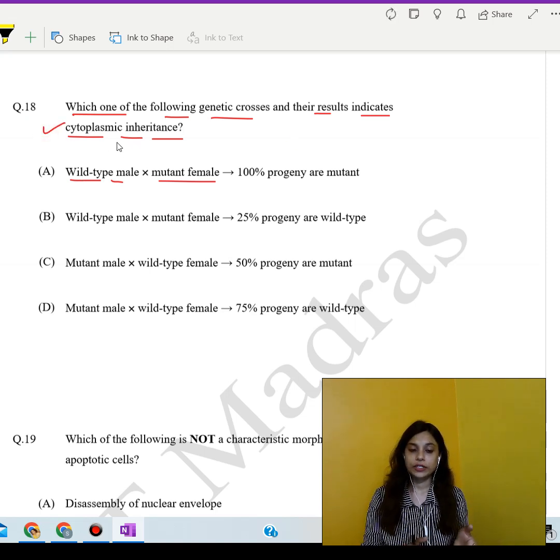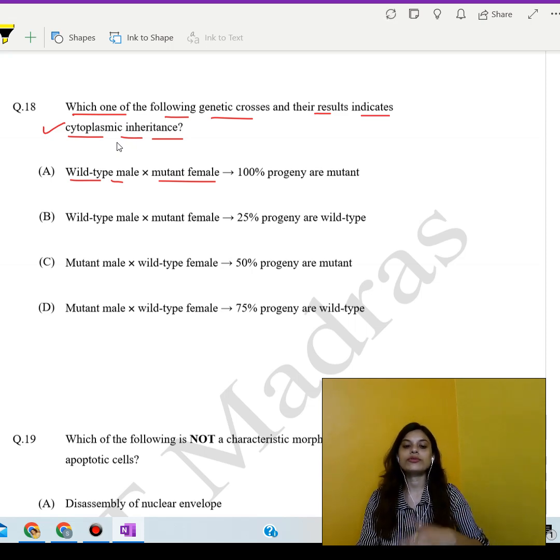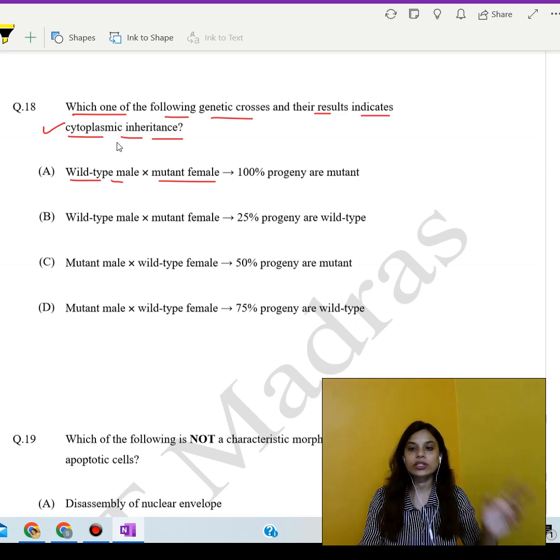Now it refers to the transmission of genetic traits from parent to offspring through the cytoplasm of the egg cell. Okay, and this is in contrast to the Mendelian inheritance, where traits are passed on through genes in the nucleus. So that's the difference. Let's talk about the mitochondria and chloroplasts.